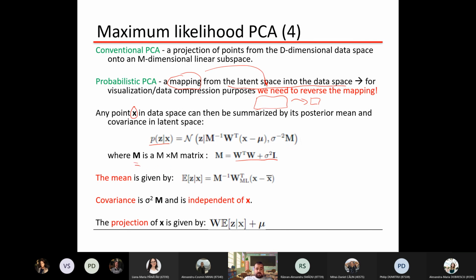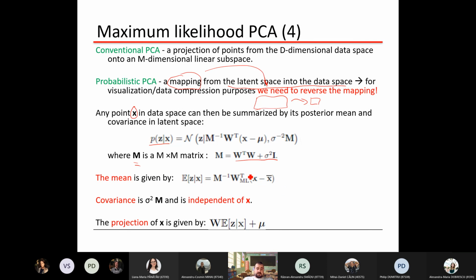M is the M by M matrix corresponding to the principal subspace, and is W transposed multiplied with W plus sigma squared multiplied with I. The mean, so the expectation of Z given X, will be M to the minus 1 multiplied with W maximum likelihood multiplied with X minus the mean.